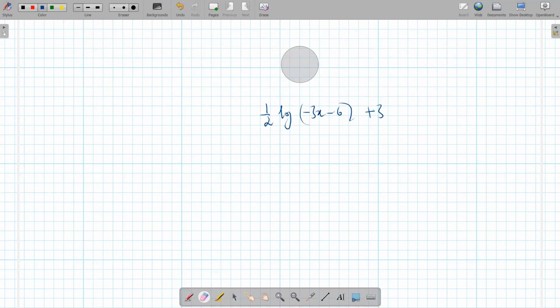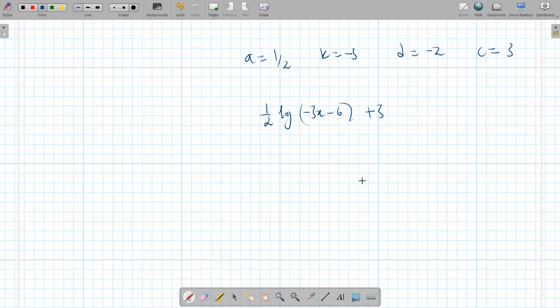All right, step 1, you want to identify the A, K, D, C values. Tell me what they are. A is half. K is -3. D is -2. C is 3, right?